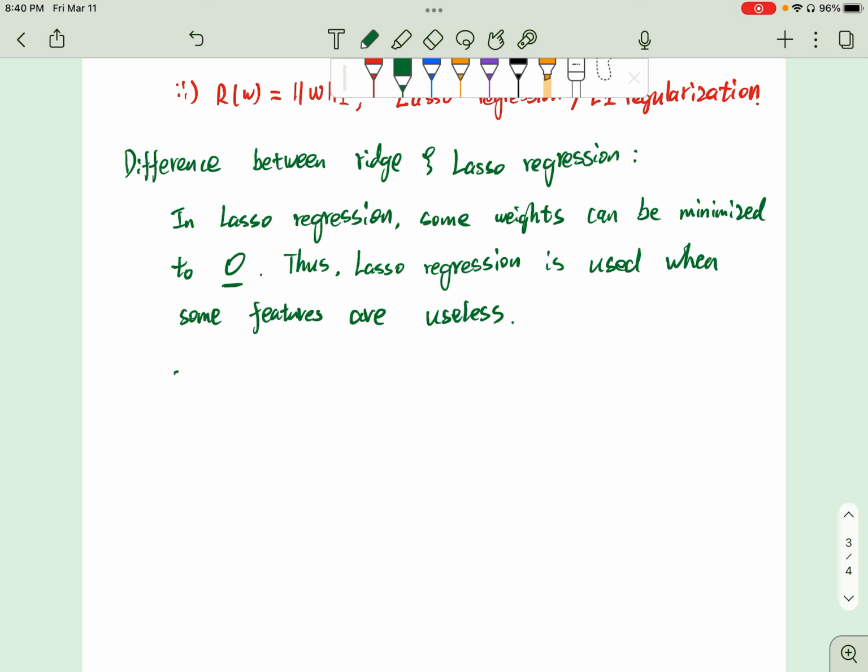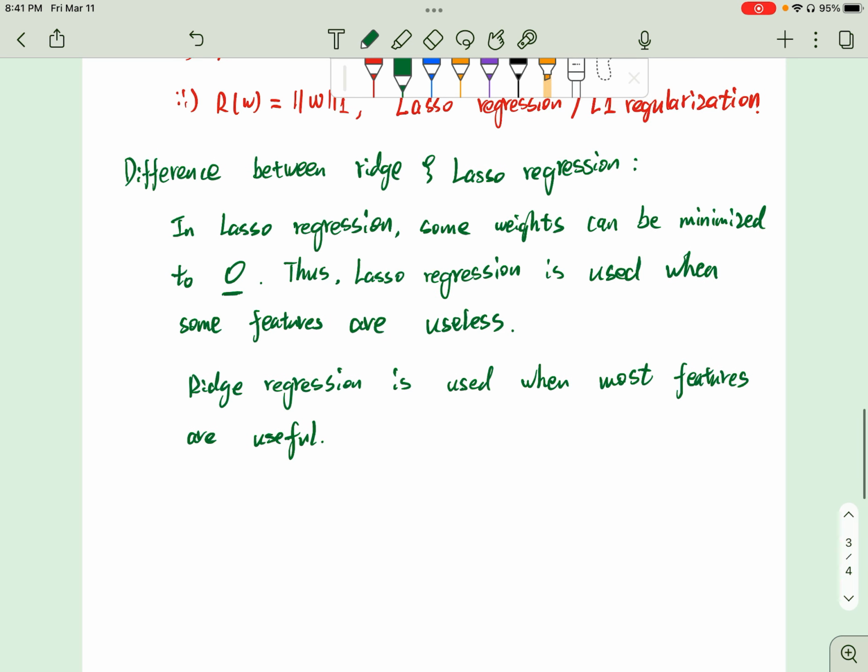On the other hand, in ridge regression, I will just say ridge regression is used when most features are useful.